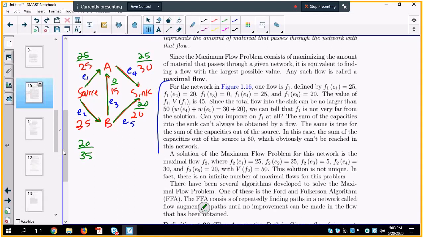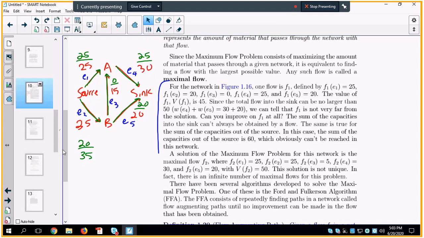Then the value of the flow is going to be 25 plus 20, which is 45. But if you look at the capacity, the total capacity would be 30 plus 20, which is 50. So we can see that this flow is not too far from the solution, but we might ask the question, can we improve this flow at all?